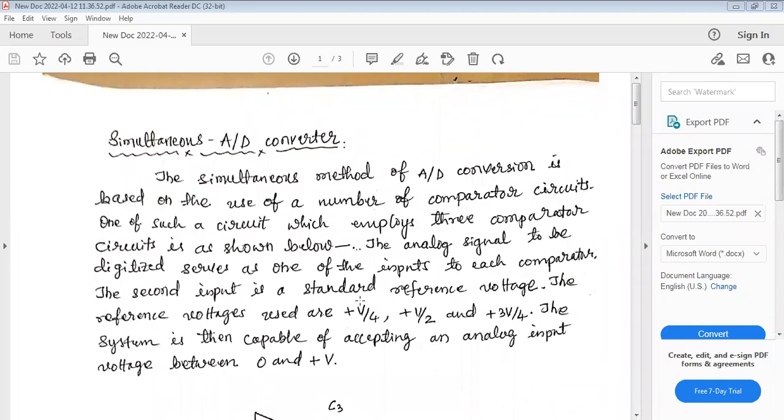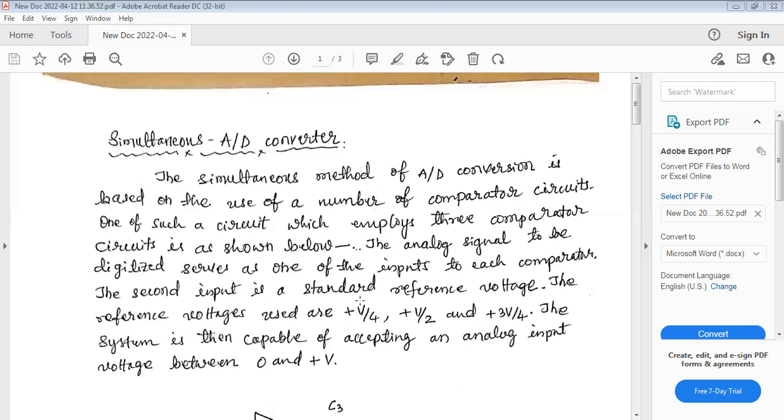Today in this session, I am going to explain the construction and working of the simultaneous analog to digital converter. In the earlier sessions, we have seen the importance of analog to digital converter, which types of converters are available and how they work.